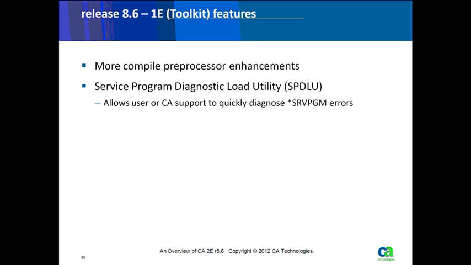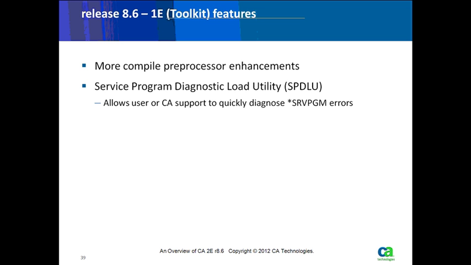And this SPUDLU, Service Program Diagnostic Load Utility, as we're using service programs within our own product, within bits of TUI and 1E and Web Option, we've added this utility to enable CA support to quickly see what service programs are being used, when those service programs are being activated, whether it's immediately or deferred.